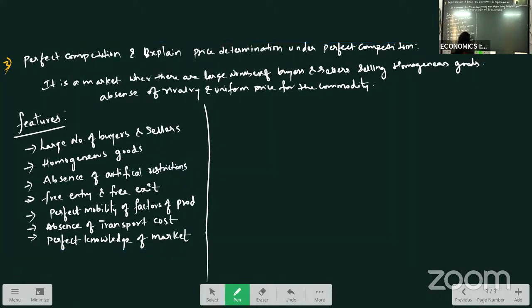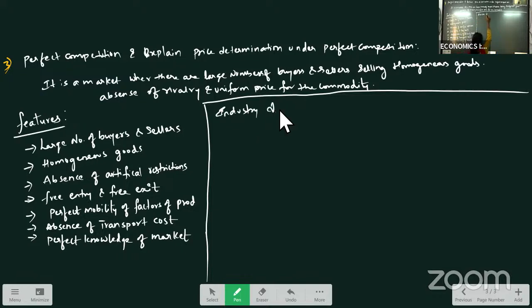So a price determination, here we can say industry determines price based on market forces, demand and supply.